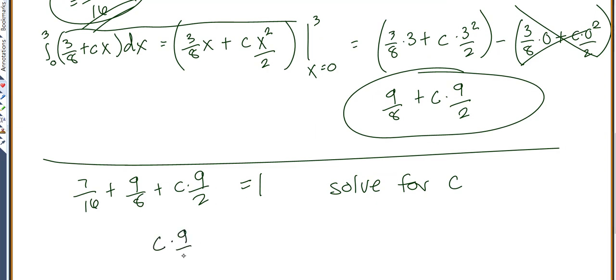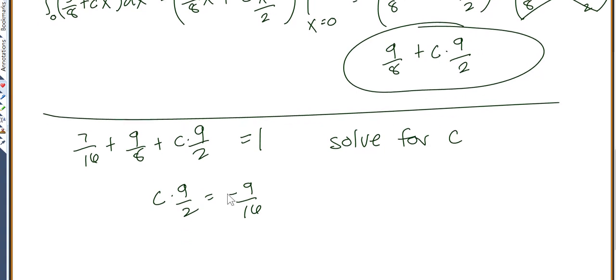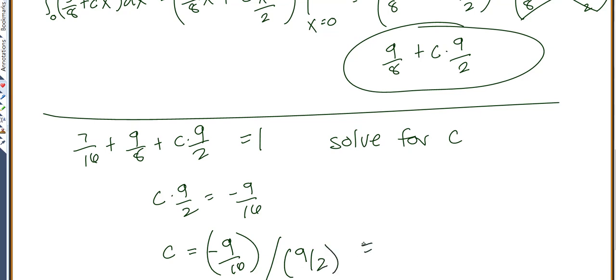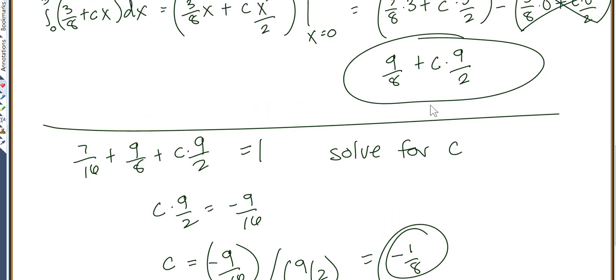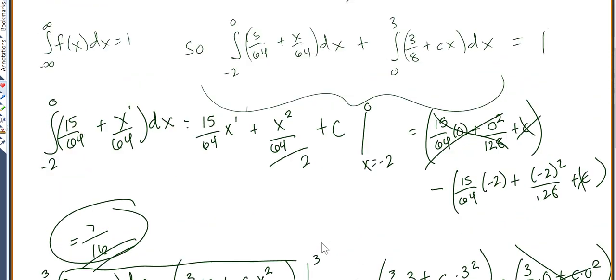So we'll have c times 9 over 2 equals, let's see, what is 1 minus 7/16 minus 9 over 8. We get negative 9/16. And now we need to divide both sides by 9 halves. So we'll have negative 9/16 divided by 9 over 2. Again, you can just put it in your calculator. And we get negative 1/8. So c is supposed to be negative 1/8.